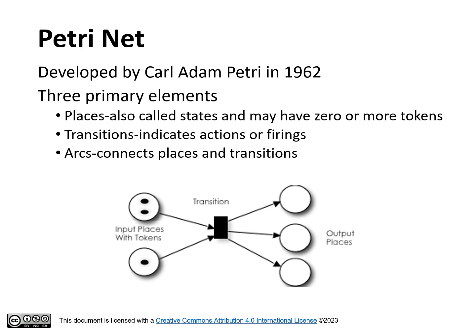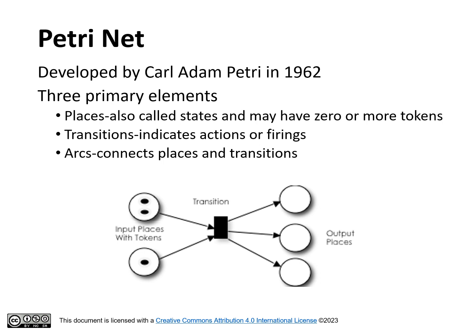The model consists of 3 primary elements: places, transitions, and arcs. The arcs go from places to transitions or vice versa.